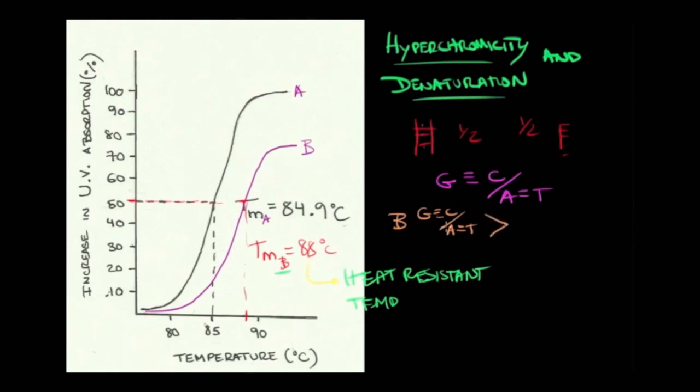So I have more guanine and cytosine in my B molecule than the ratio for the same bonds in my A molecule. My A molecule definitely has less of the guanine and cytosine bonds. Therefore, it's easier to break. So I need less temperature to break my molecule, or to bring it to a single-stranded form, okay, to break those hydrogen bonds. This is what I wanted to explain using this curve as well.